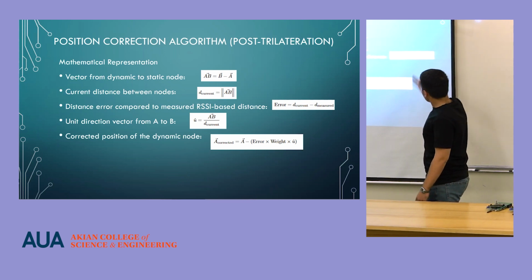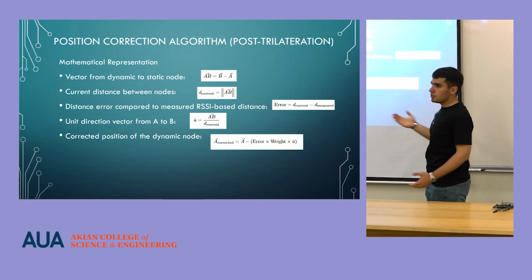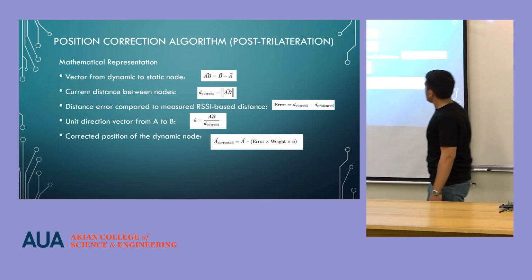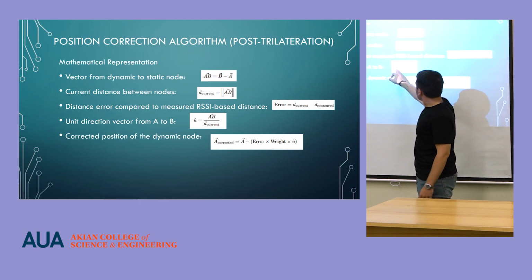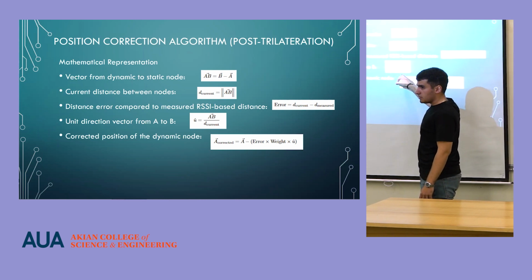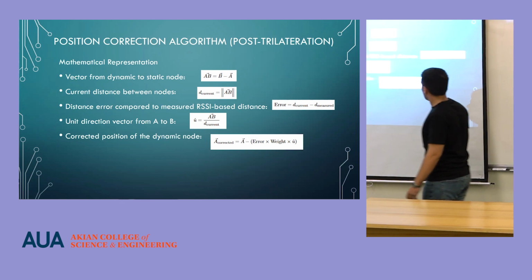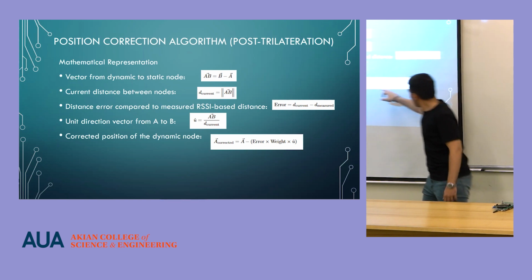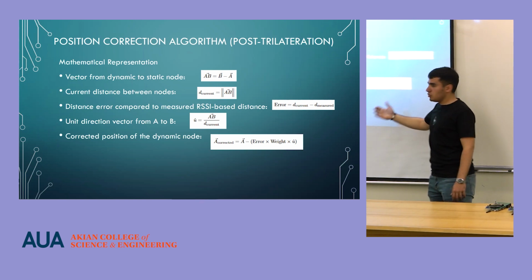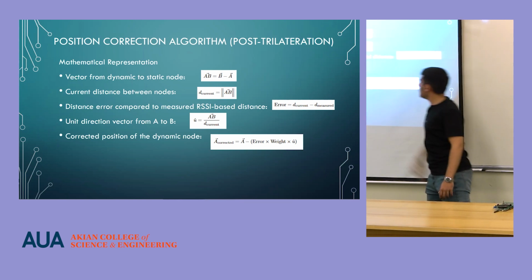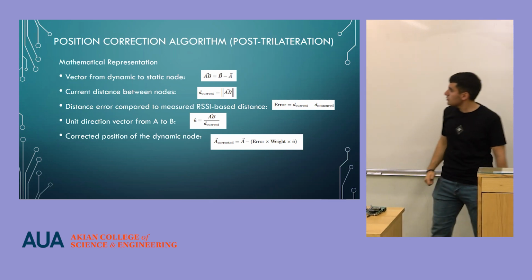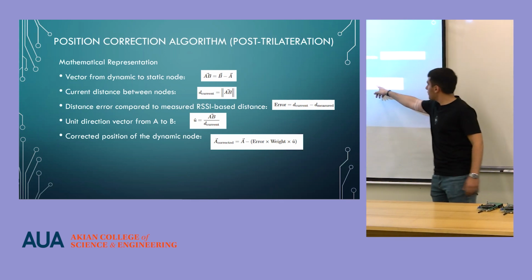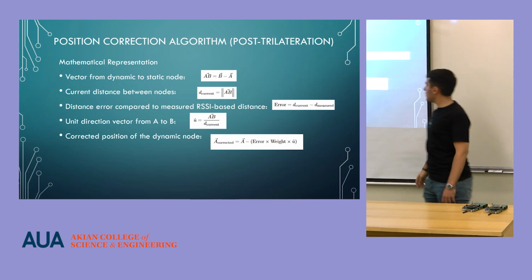Whenever an error exists, we also see from its sign in which direction we should push the point. So we get a unit vector for this AB, which has a length of 1, and by this formula we push or pull to get a corrected version of the dynamic node. Here you can see error times weight times the unit vector. Whenever the error is negative, it will be plus.